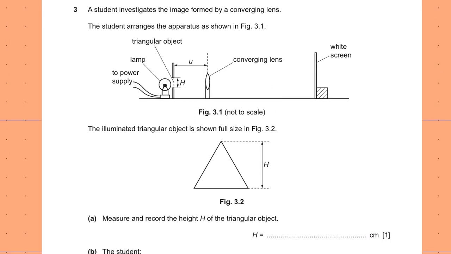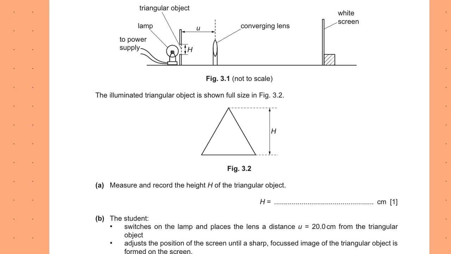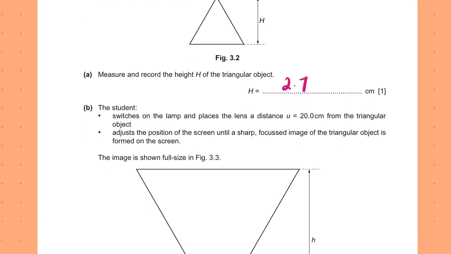Question number 3, a student investigates the image formed by a converging lens. The student arranges the apparatus as shown, and measures and records this height h. You measure this with your scale, so this turns out to be 2.7 centimeters. Next, the student switches on the lamp and places the lens a distance of 20 centimeters from the triangular object.